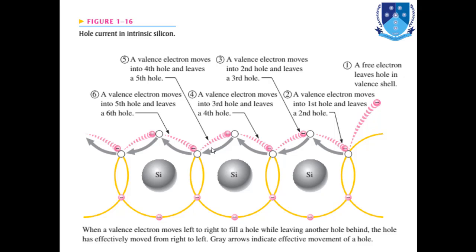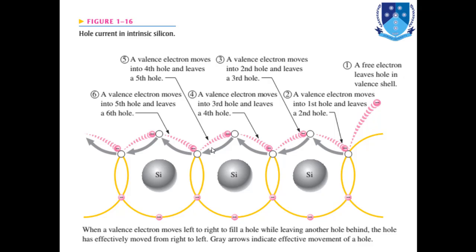At mark 3 we have a hole, and to fill this hole, a valence electron moves into that second hole and leaves a third hole behind, which is marked as 4. Now again a valence electron moves into that third hole and leaves a fourth hole behind.